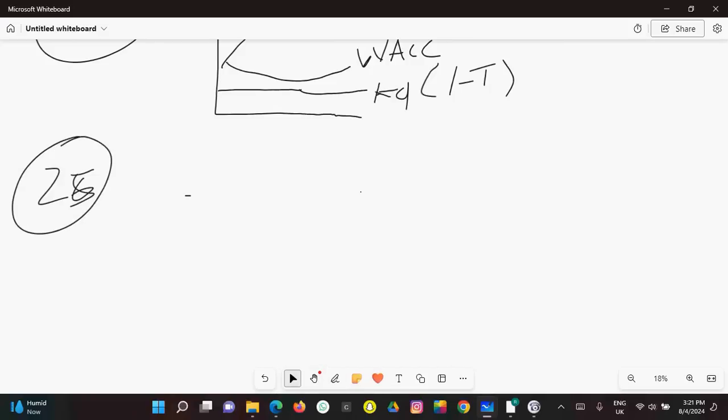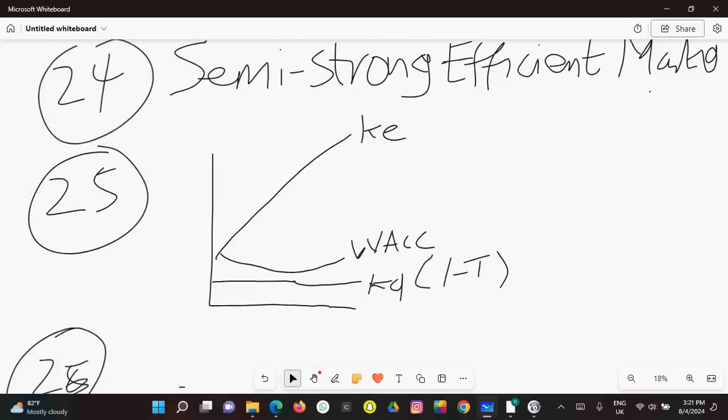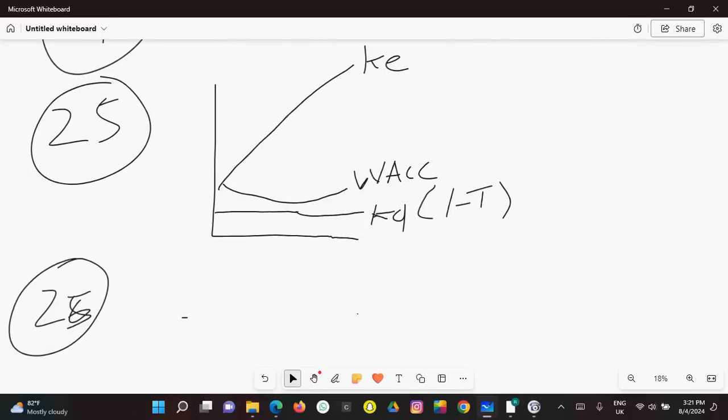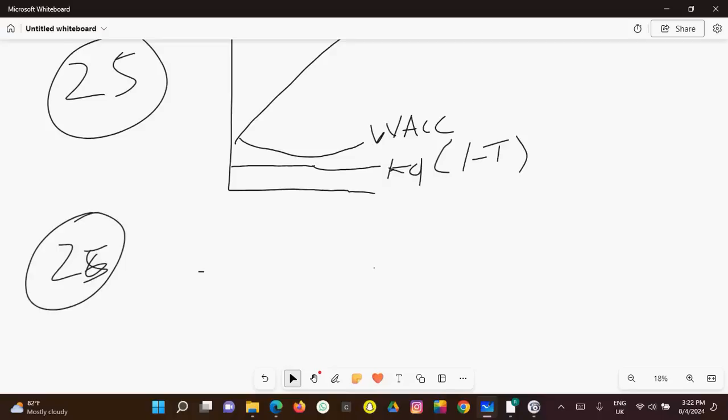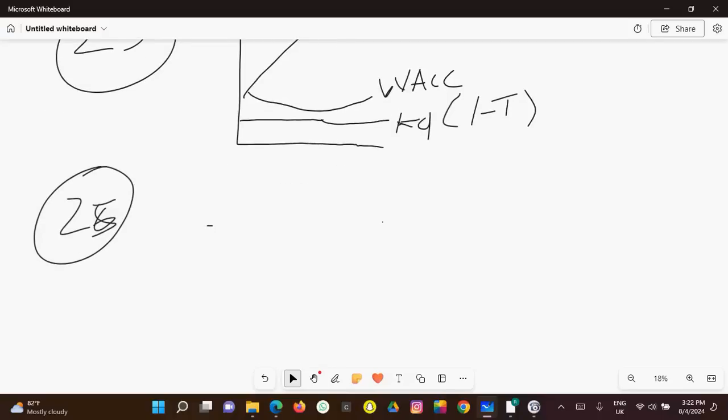Basically, what this means is that as we employ more debt, because of tax savings, our weighted average cost of capital will be decreasing, but our cost of equity will be increasing because investors will be afraid that debtors may take over the firm very soon. So they have to be paid more to compensate or offset. So 25 is C.